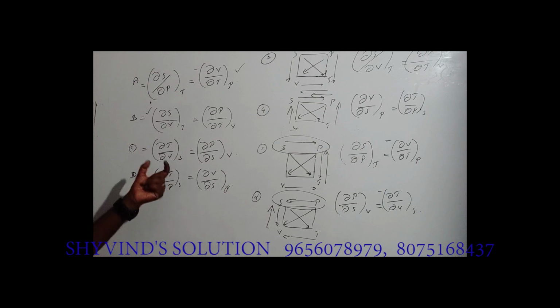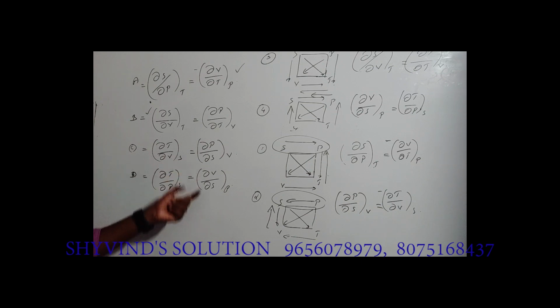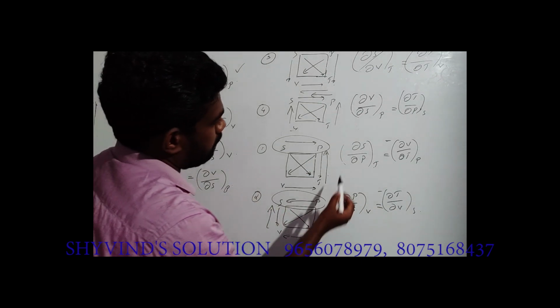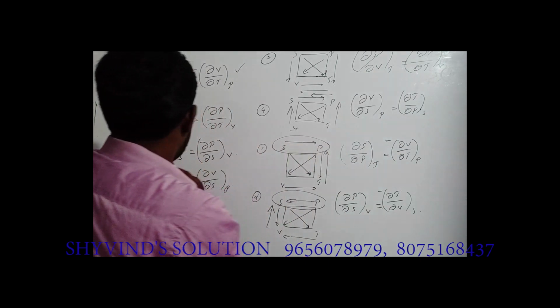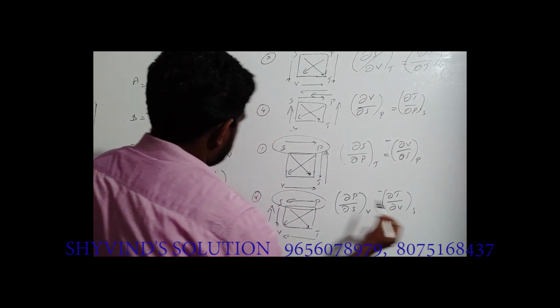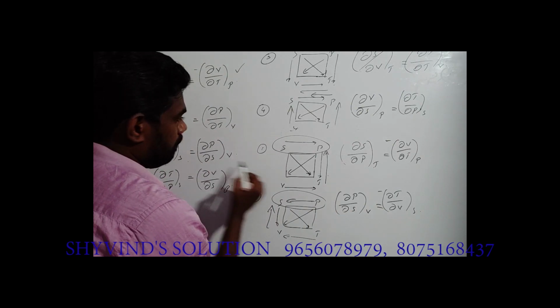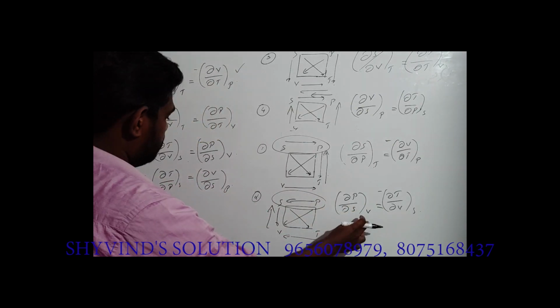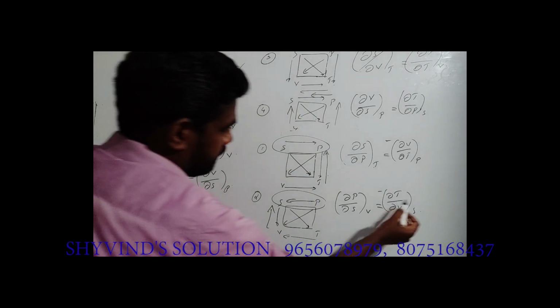What about this one? dou T by dou V at constant S equals dou P by dou S at constant V, but there is a minus sign here.